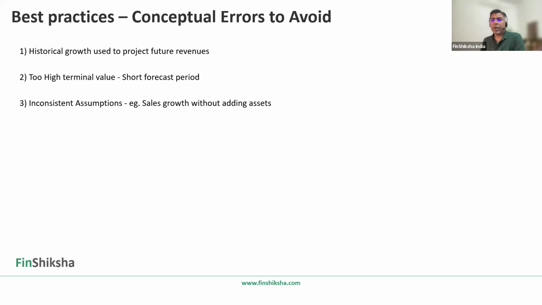Inconsistent assumptions. Now, if you are projecting sales and sales is growing, but some other thing is broken somewhere and the financial statements are not talking to each other, then I've seen models where sales are growing at 12% and profits are growing at 30%.